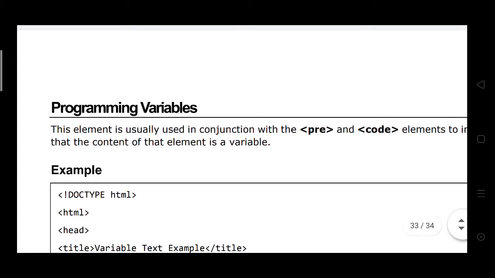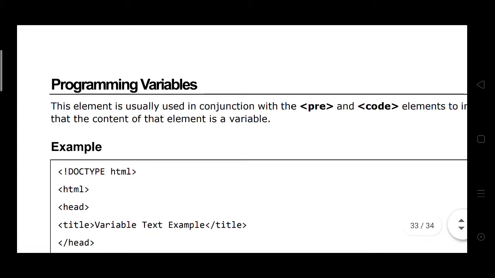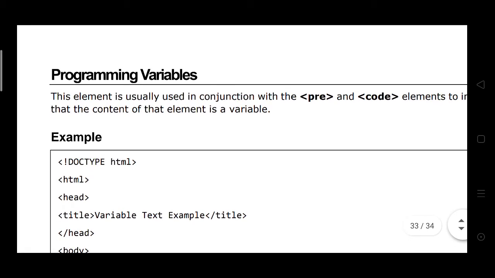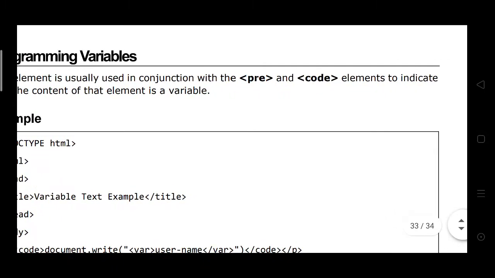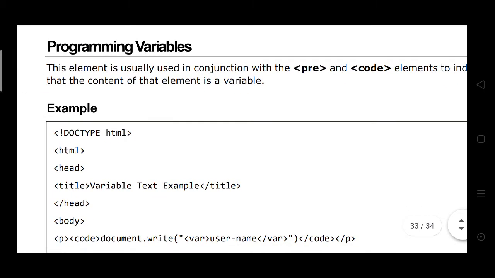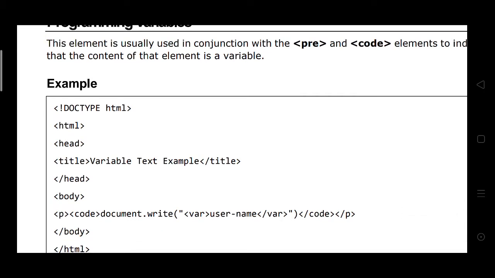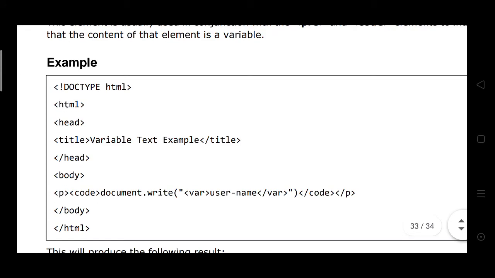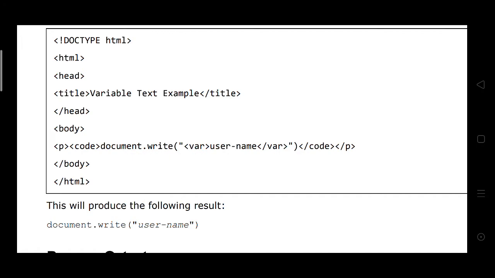Programming variables. This element is usually used in conjunction with the pre and code elements to indicate that the content of the element is a variable. Here: doctype HTML, head, title variable text example is the title of the program, head and the body.